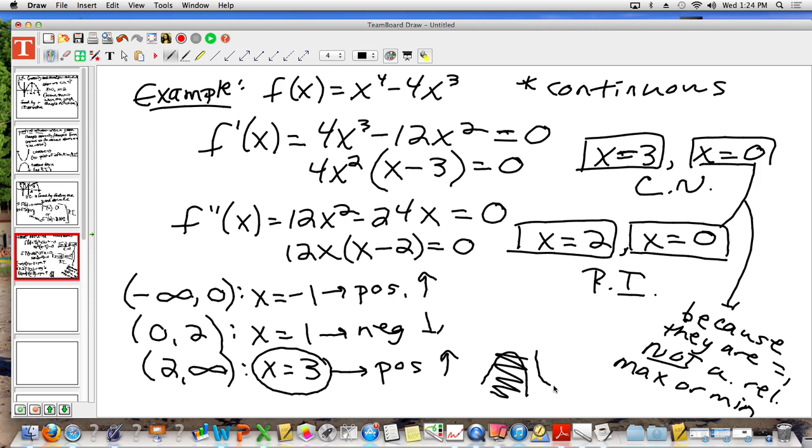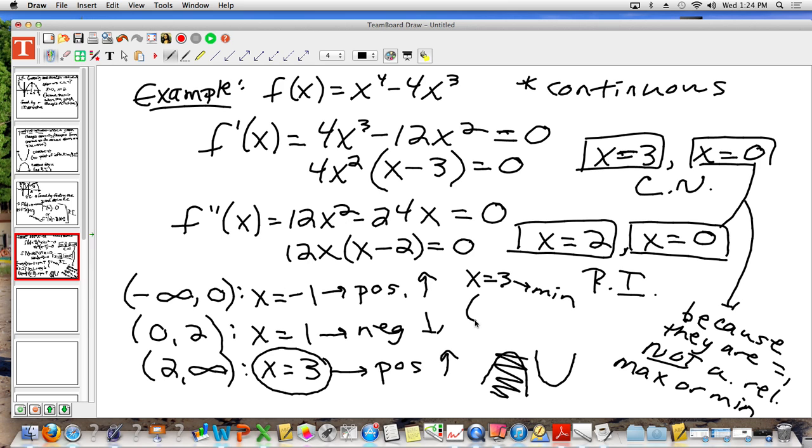We have a situation like this, concave up, right? So what is 3? Is it going to be a relative max or a relative min? It's going to be a relative minimum because it falls in a concave up region. So this x equals 3 is going to be a minimum.